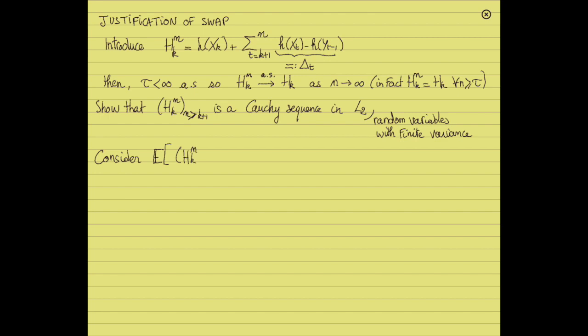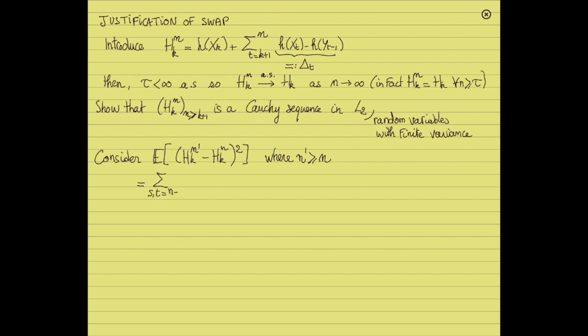And so to show that H_{k,n} is Cauchy, we look at the squared increments in expectation. So we consider n prime and n, with n prime larger than n. And we can compute the expectation of the squared increment.